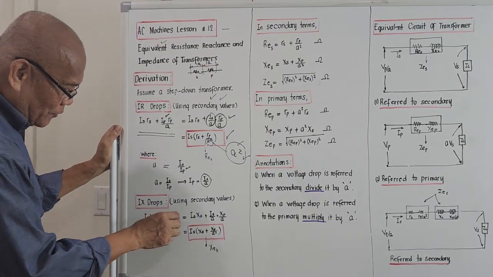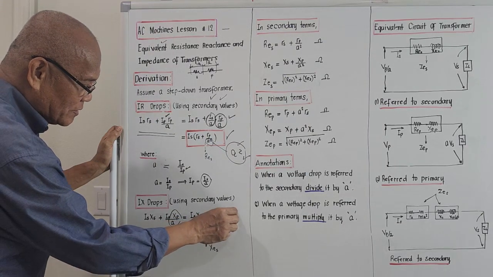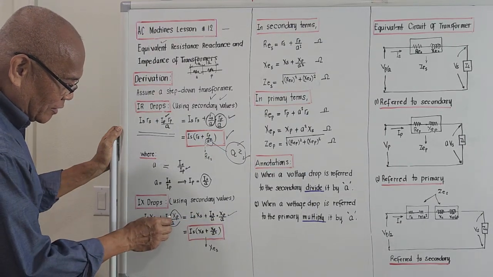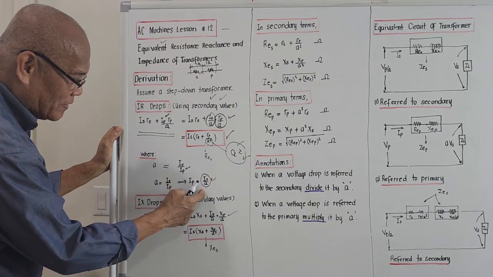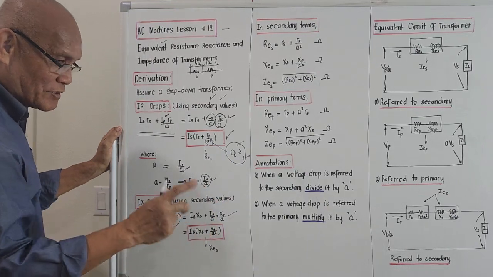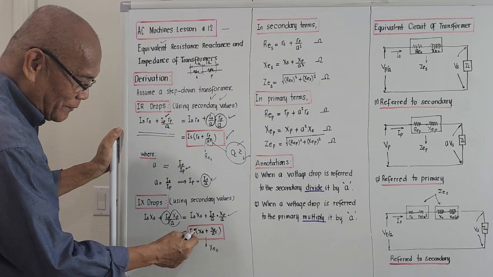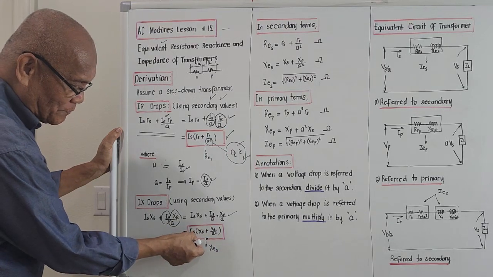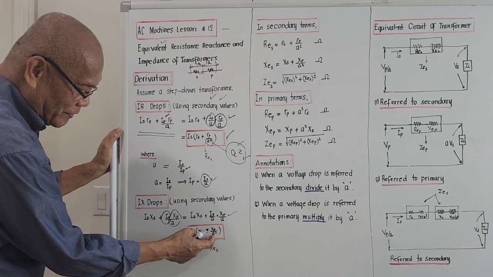We combine XP over A. Then we'll try to replace IP by the value IS over A. And again, there is a common factor IS. So what remains will be open quantity XS plus XP over A square.